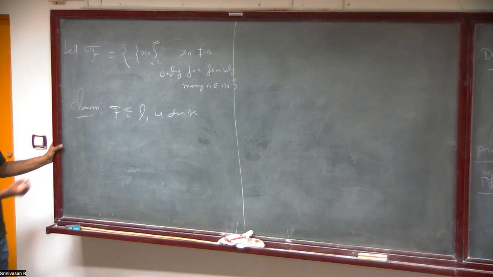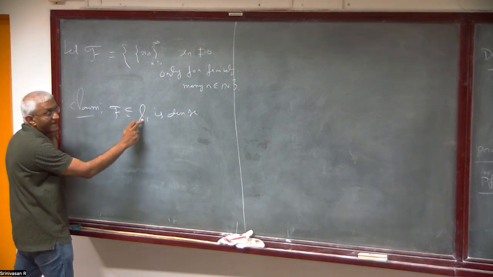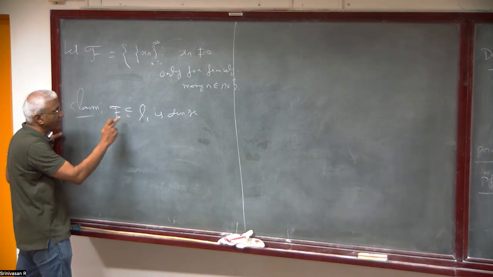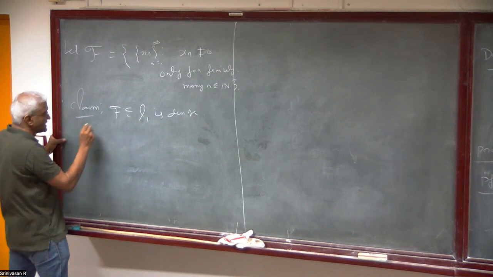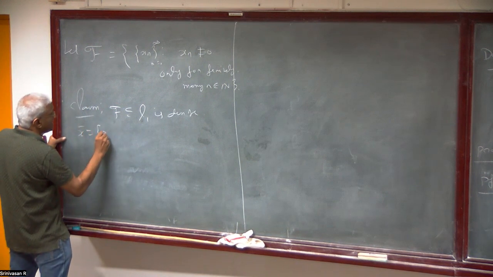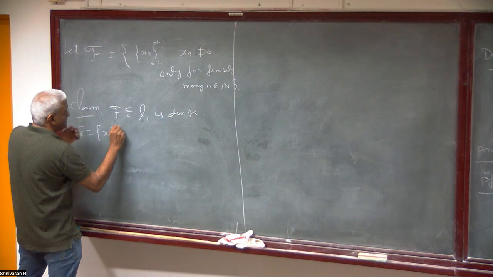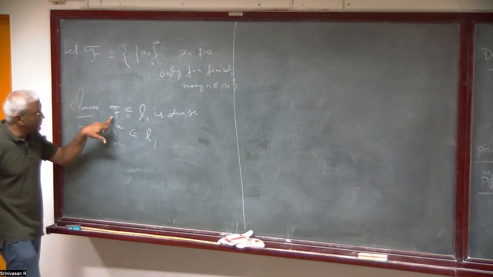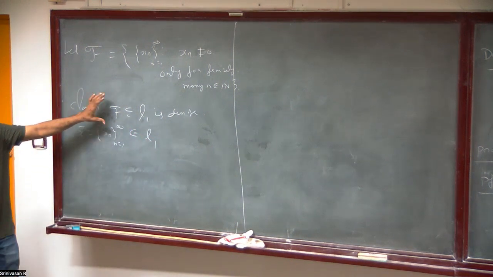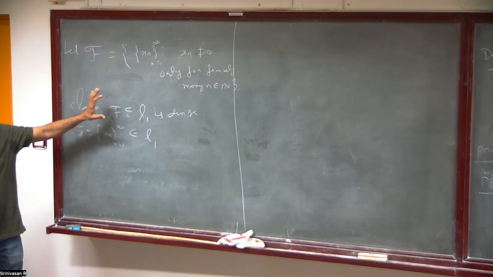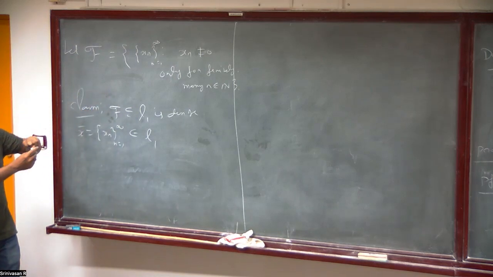Is this clear? So what do you have to do? Given any element here, you have to find a sequence here. Let X bar be a sequence in L1. For that, I have to produce a sequence. Of course, this is a space of sequences, so I have to find a sequence of sequences.